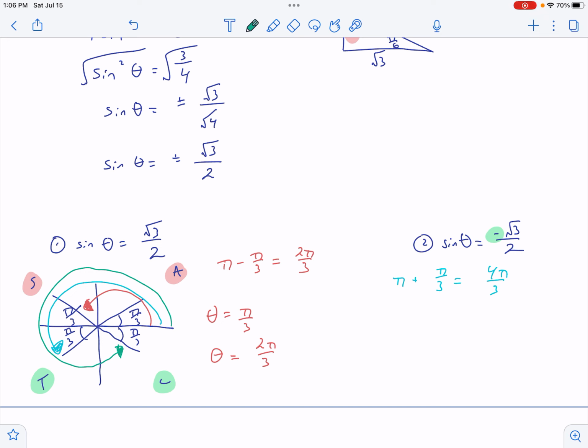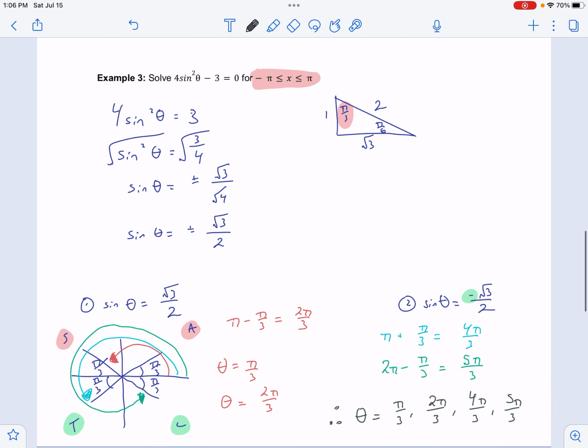And to make that easy on myself, I'm just going to go, what's 2 pi take away pi over 3? That's like 6 pi over 3, take away pi over 3, which is 5 pi over 3. 4 different options here. I'm going to conclude with the therefore statement. Therefore, theta could be equal to pi over 3, 2 pi over 3, 4 pi over 3, 5 pi over 3.